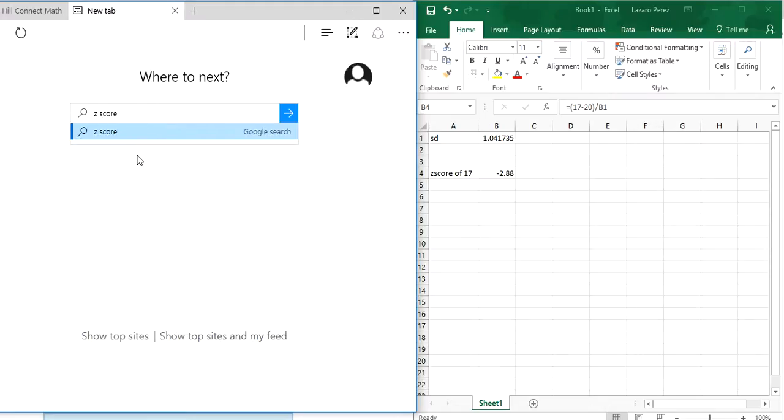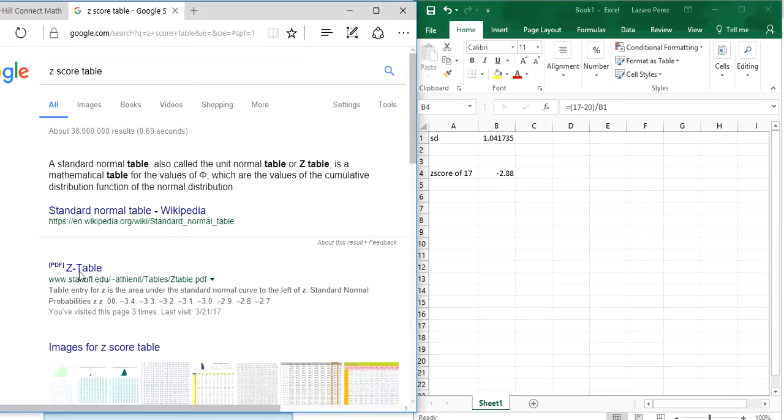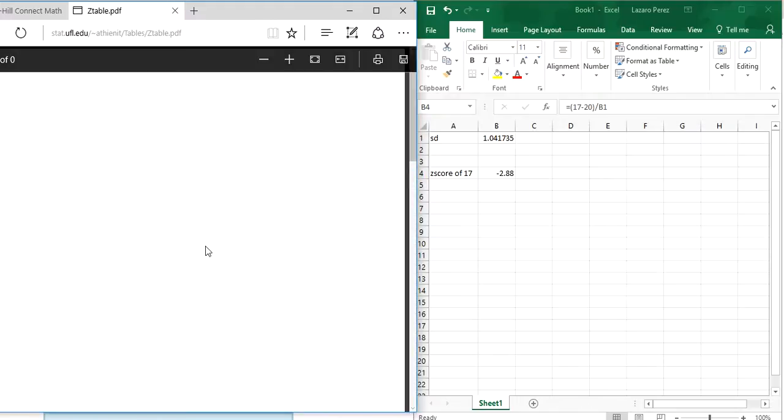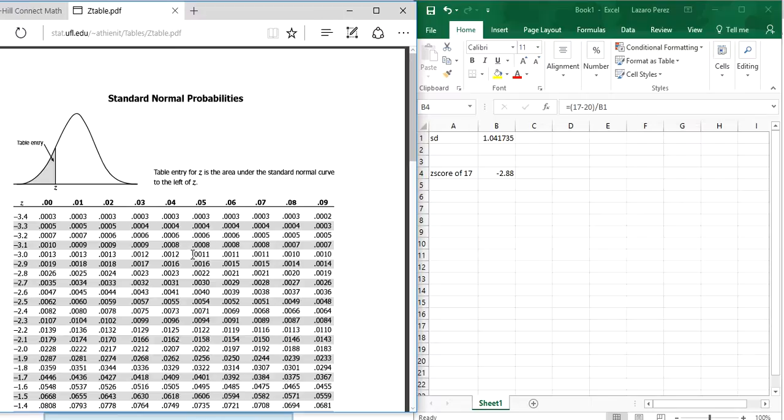Alright, y'all should have the z-score table sheet. I'm going to pull up a table online. So negative 2.88. Perfect. So that's our area.